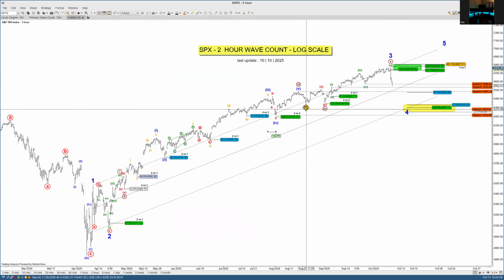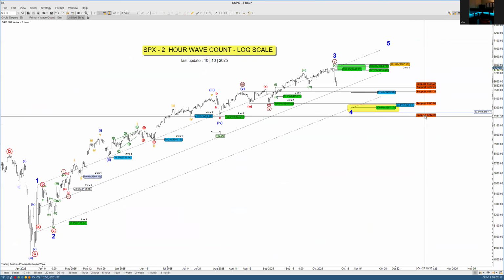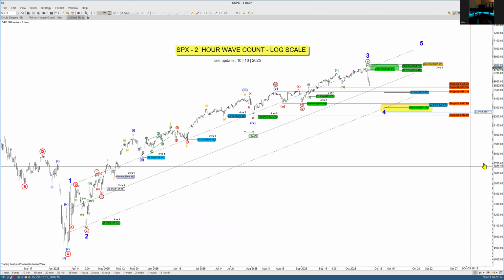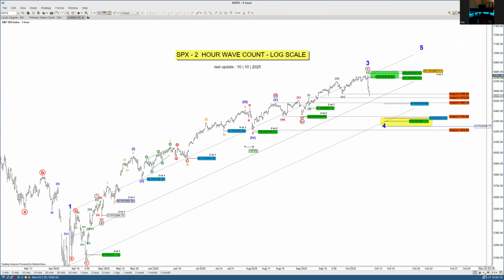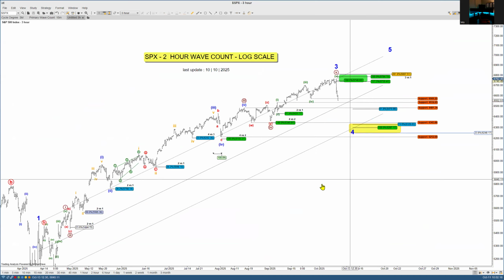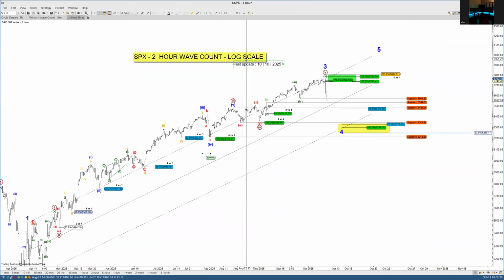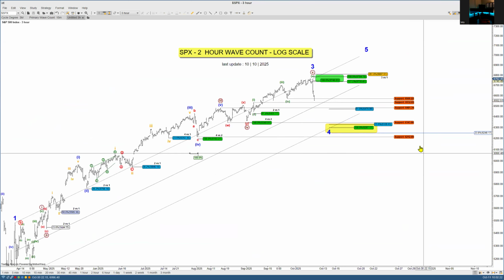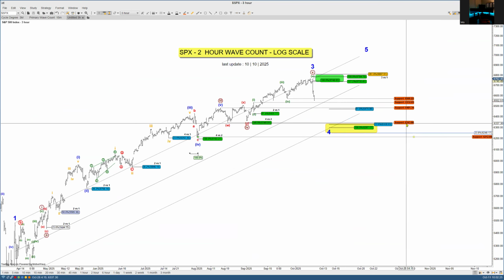Here, this low. So this is good enough. And this low. That's it. Don't have to go that far down. We can just keep them in a chart here.